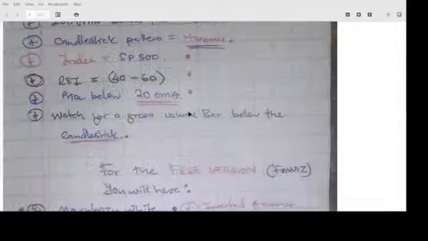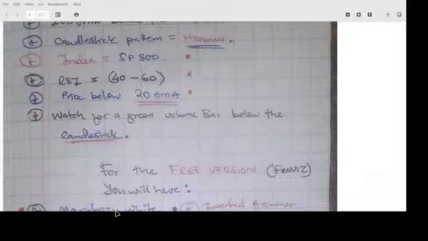Now remember, we are coming back here. Watch for the green volume bar below the candlestick pattern. Okay, now I'm going to show you how to trade it, because remember, we have seen the right way to trade it.